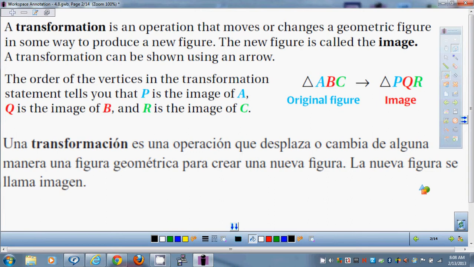So a transformation is going to take a pre-image, change it in some way, and make an image.